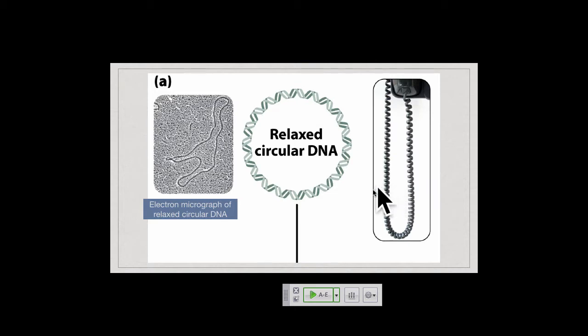Over here is an electron micrograph of a relaxed circular plasmid molecule. You can actually visualize DNA molecules very nicely with the electron micrograph. And here it is in a cartoon form. So here's the relaxed circular DNA.